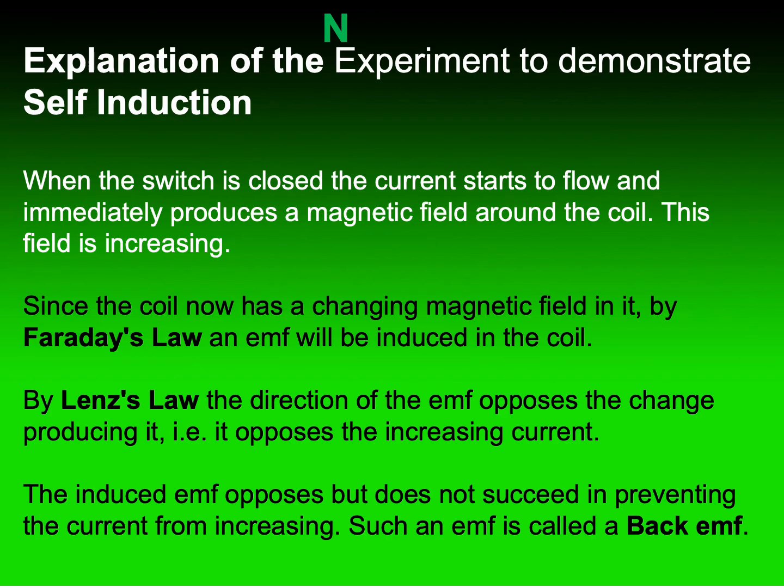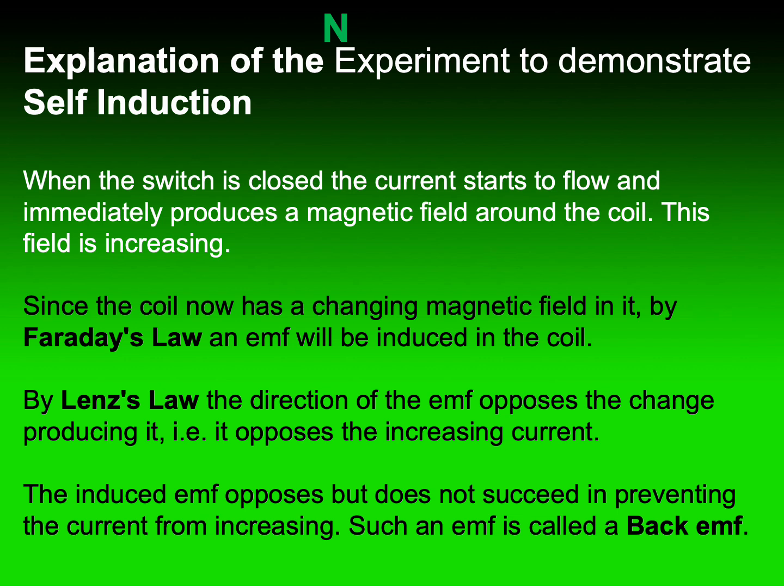What happens in the circuit from closing the switch to this delay? It happens in, I suppose, a few small phases. Firstly, when we close the switch, your current will start to flow. When current starts to flow through a wire, we know it will start to produce a magnetic field around that wire.